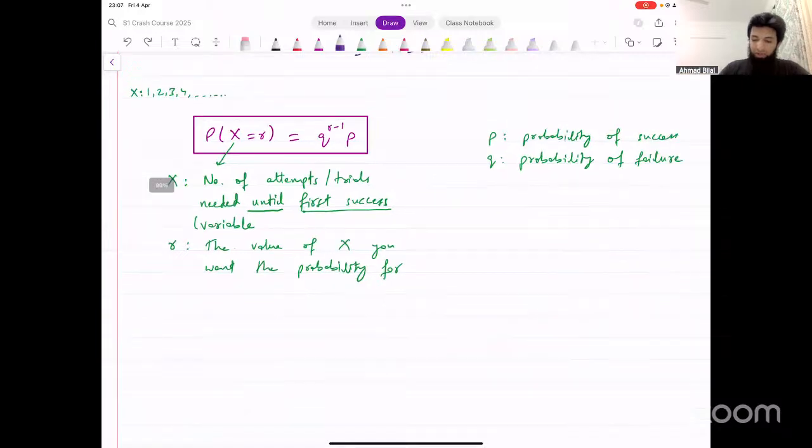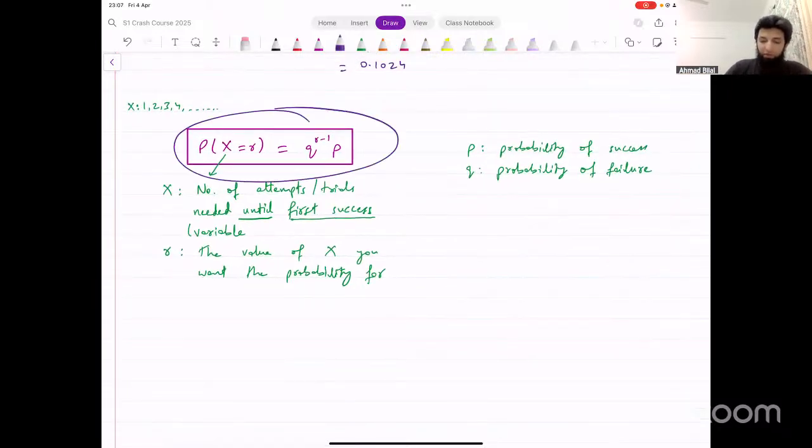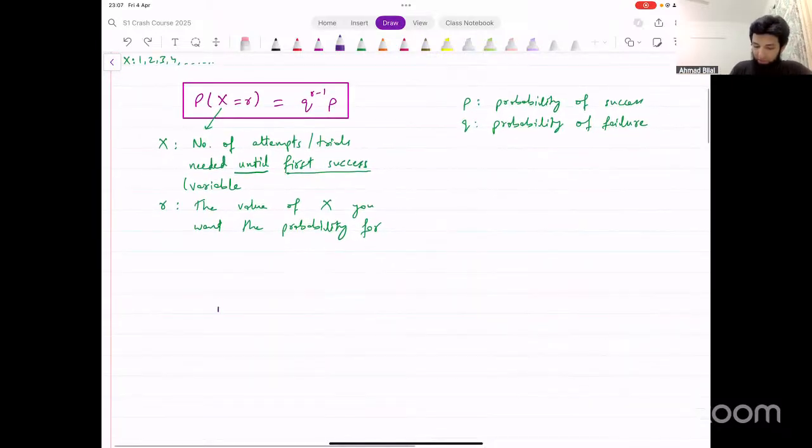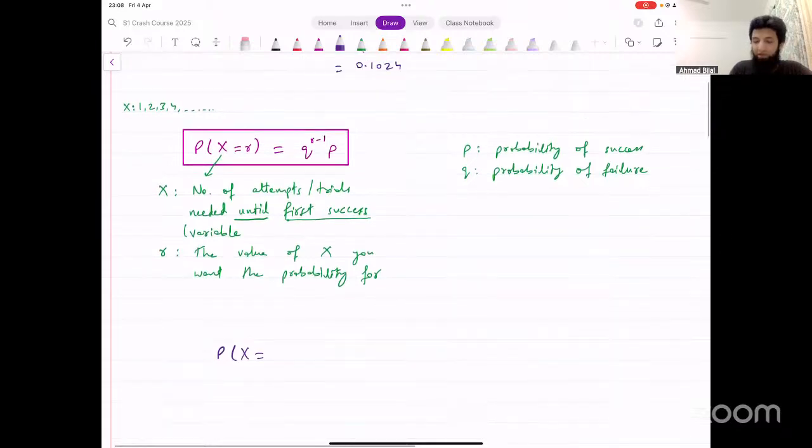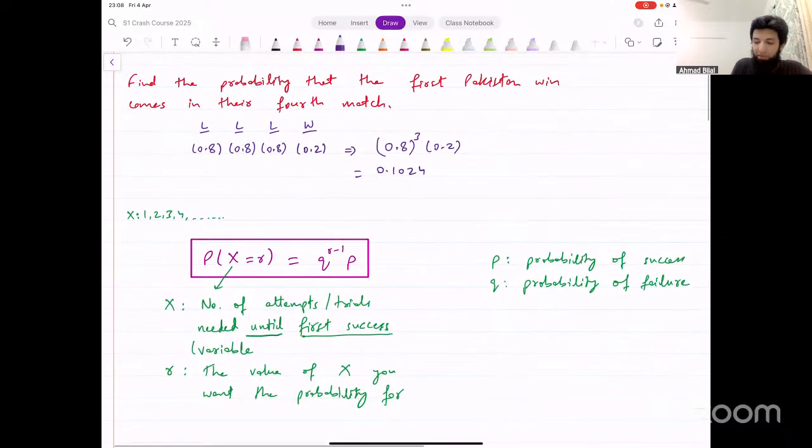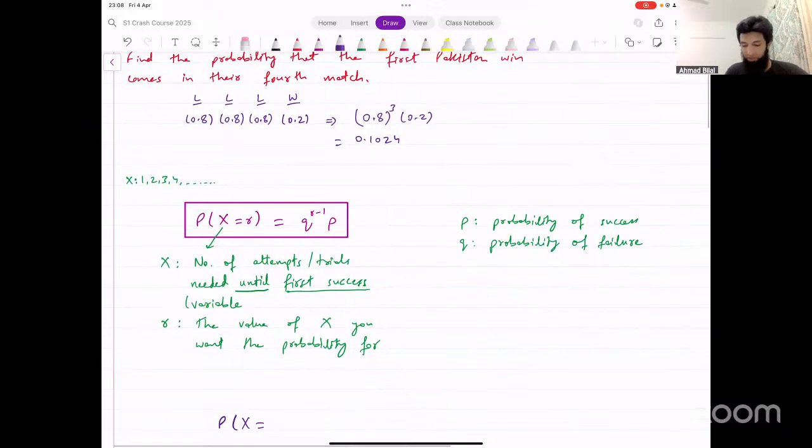Now that we have this formula, we could use it to find that same probability as well. If we want to find the probability that the first Pakistan win comes in their fourth match, what we're looking for is probability of x equal to 4. Now we just input values in q raised to power r minus 1 times p.